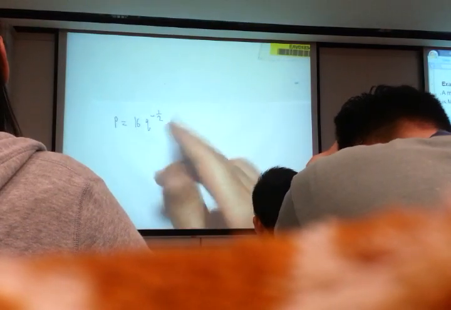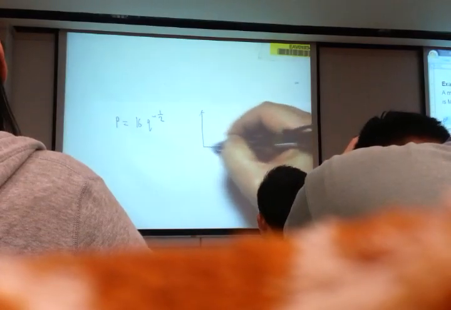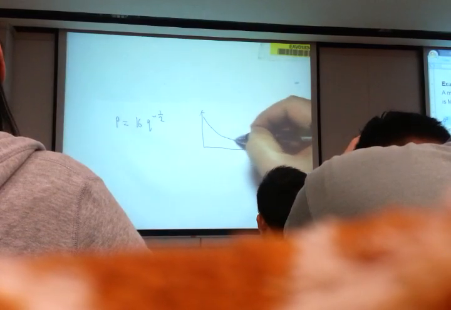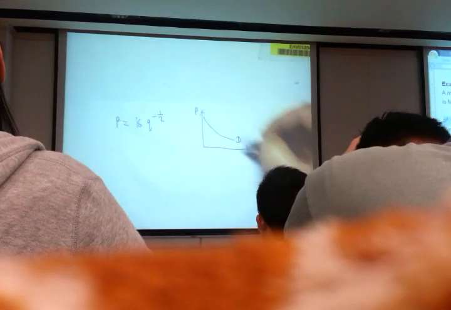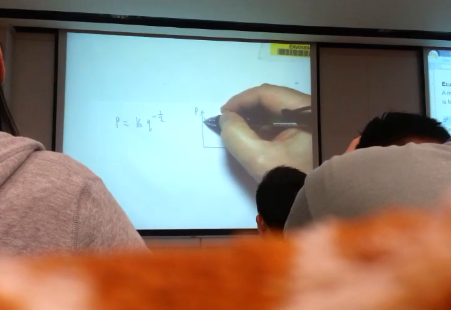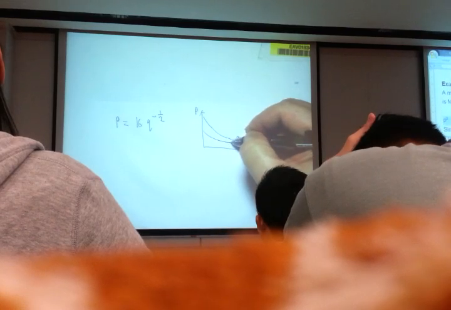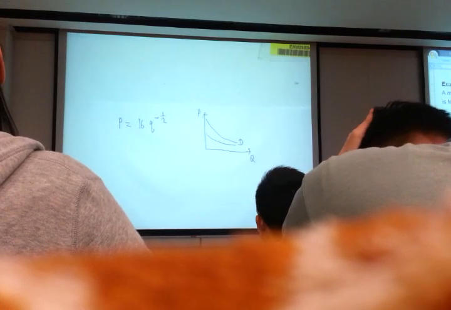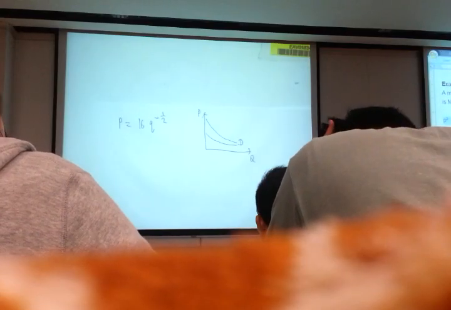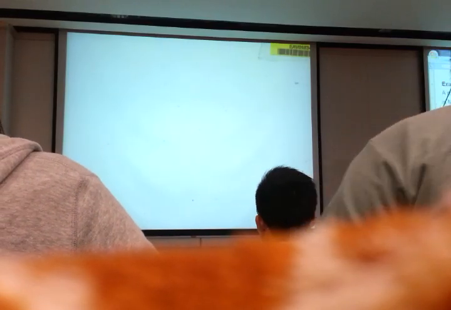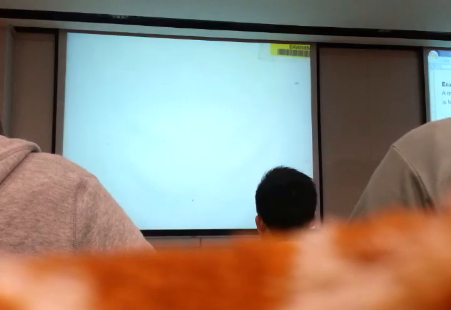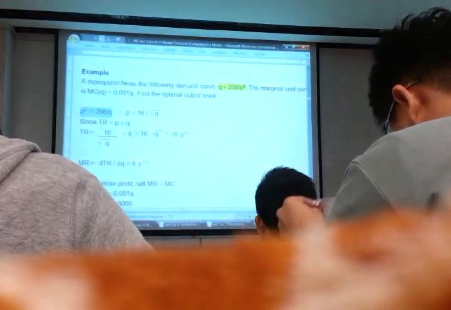Because if the demand function is a curve, the MR will be converging. Understand? So you cannot use this formula anymore. The only way to solve this now is to use the formula. If it's a curve, then use the formula.